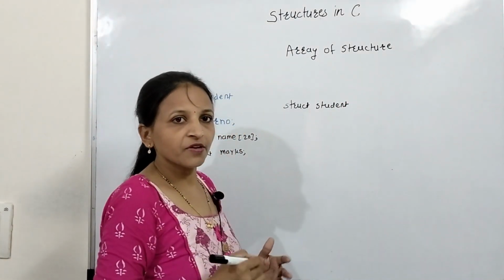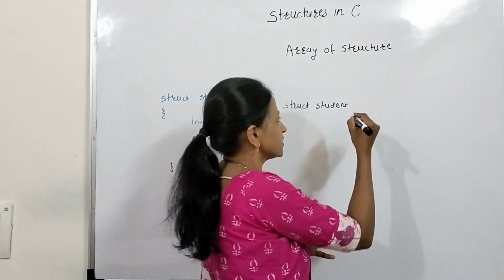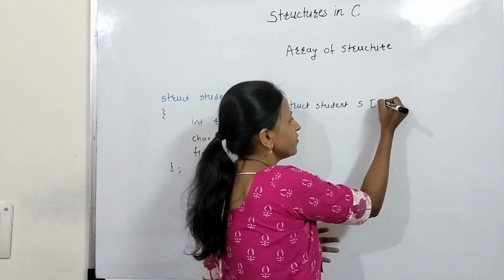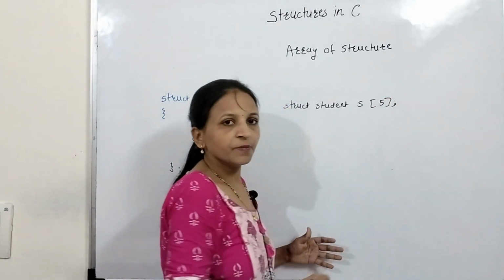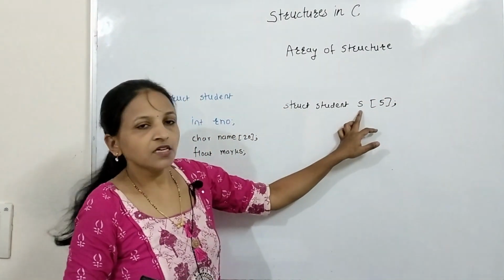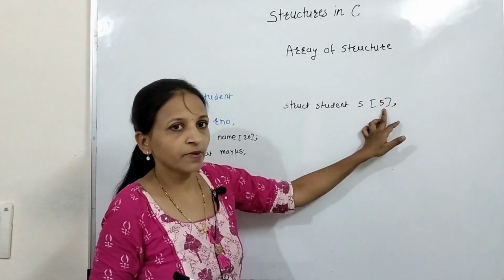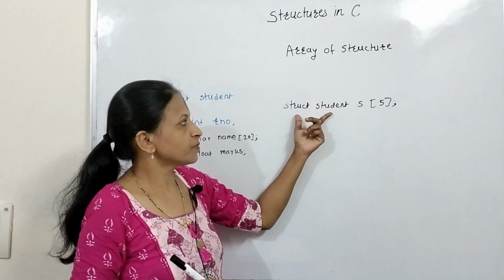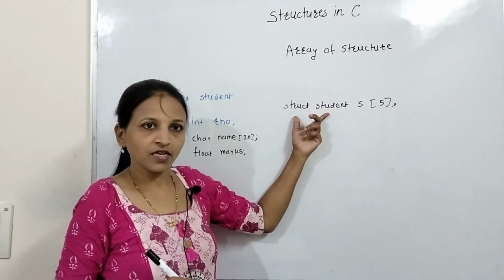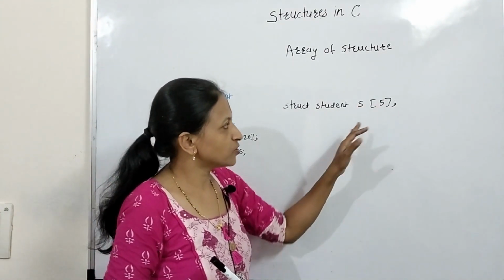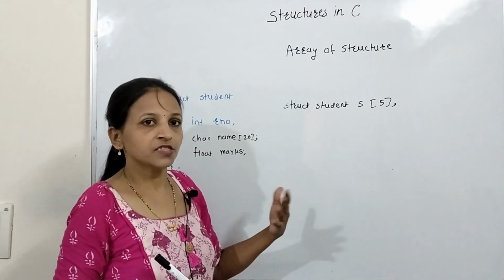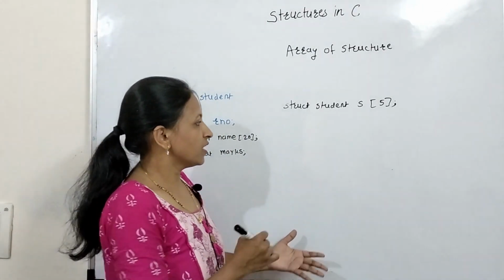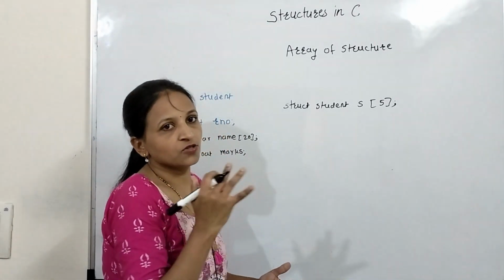Then suppose I am giving name to that array like S, and in square bracket 5. What does it mean? Here S is an array because of the square bracket of 5 elements, and each element of that array is of type struct student. Now the individual elements of that array will be S of 0, then S of 1, S of 2, S of 3 and S of 4.